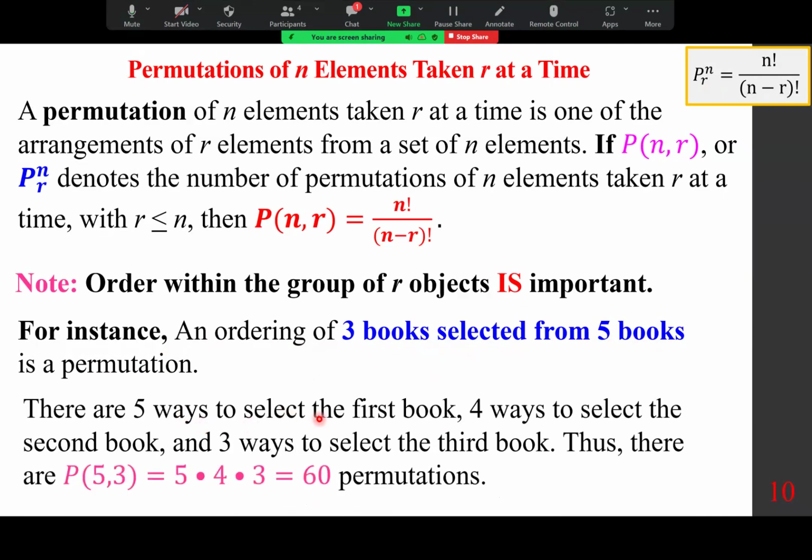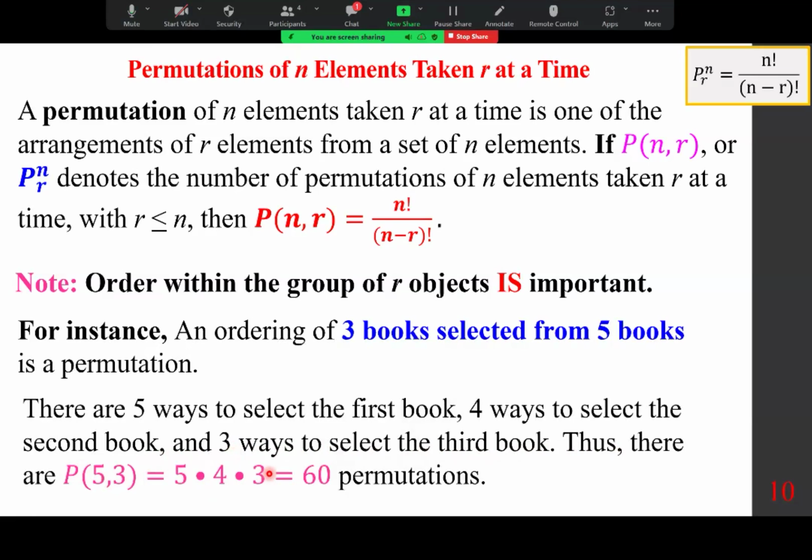There are 5 ways to select the first book, 4 ways to select the second book, and 3 ways to select the third book. Thus, the permutation of 5, 3 is 5 times 4 times 3 equals 60.